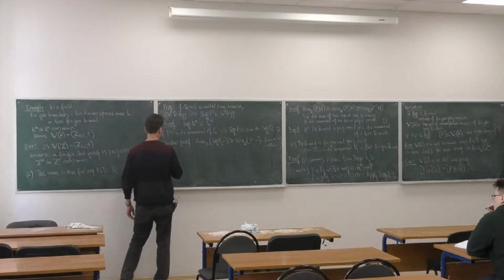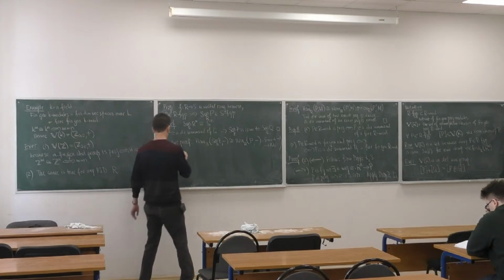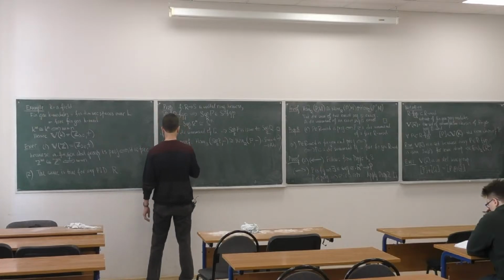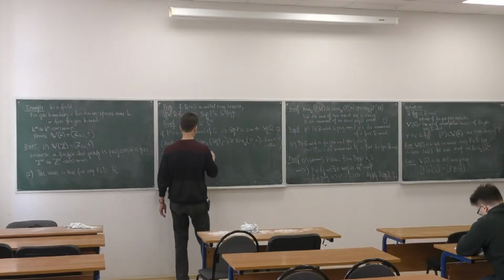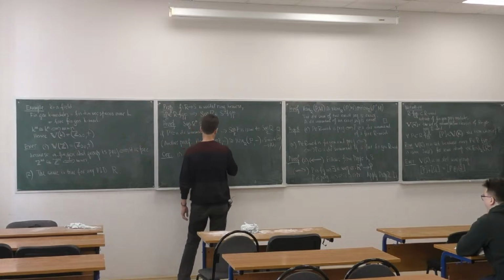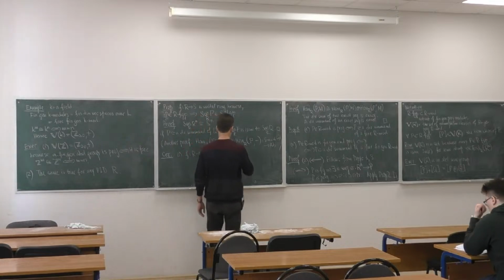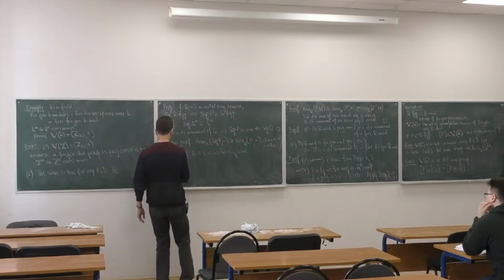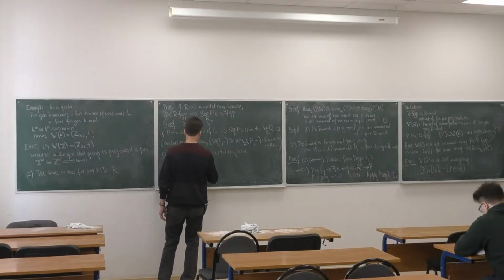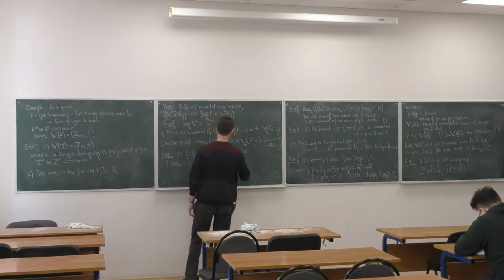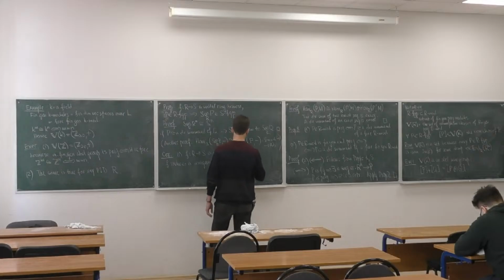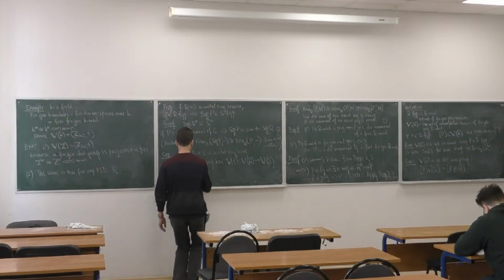So as a corollary, we deduce that if F is a unital ring homomorphism from R to S, then F induces a semigroup homomorphism V of F, which acts from V of R to V of S by the following simple formula.